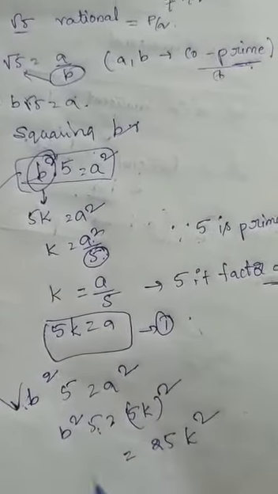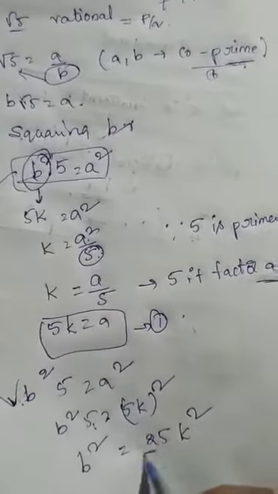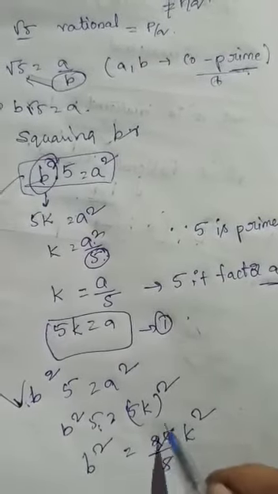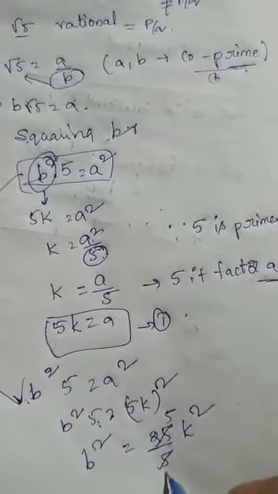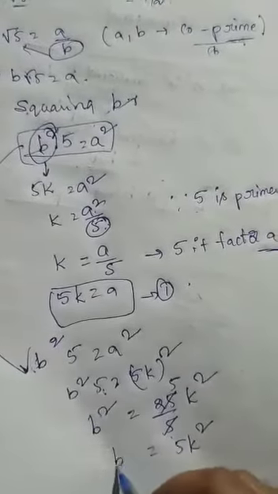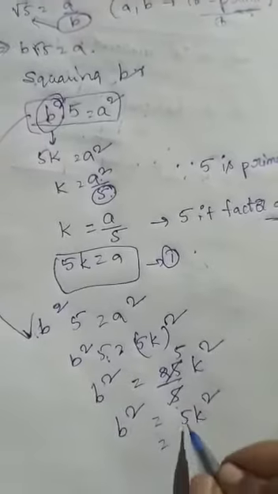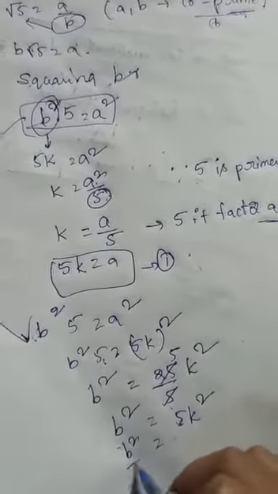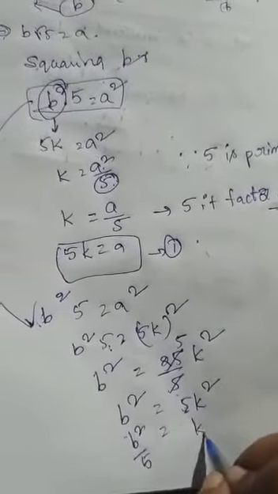The 5 comes to this side: b square equals 25 by 5, which is 5. So 5k square equals b square, so b square by 5.